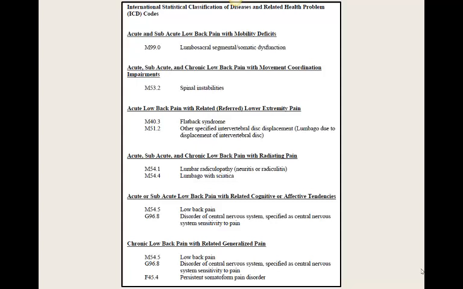Acute, subacute, and chronic low back pain with movement coordination impairments, often considered spinal instabilities with ICD codes. Acute low back pain with referred pain, often considered flat back syndrome or lumbago. Acute and subacute chronic low back pain with radiating pain, lumbar radiculopathy, neuritis, lumbago with sciatica. So you can see the different categories there that have been outlined and the different ICD codes that go along with that.